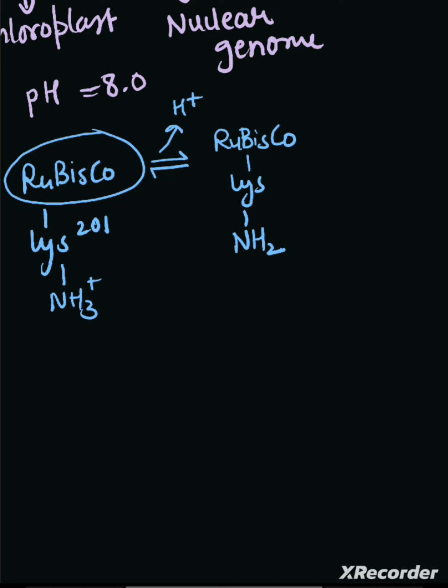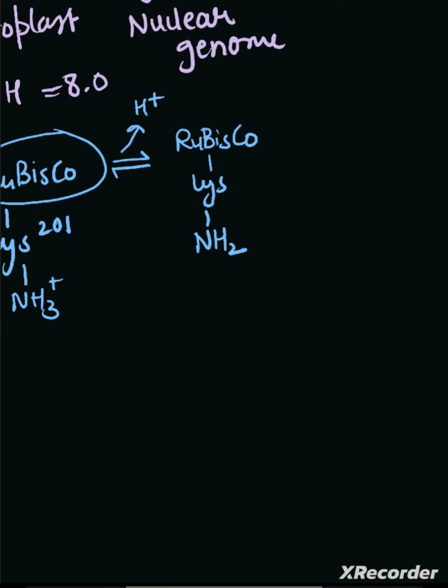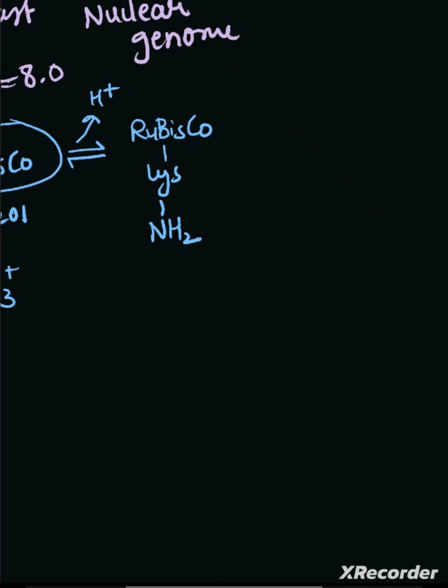Now you might wonder, is it active now? No, it's not yet active. So what else is done here? Now we add carbon dioxide. Interestingly, this enzyme also requires carbon dioxide to be added. So we add another carbon dioxide, and another proton is released, and we have NH.